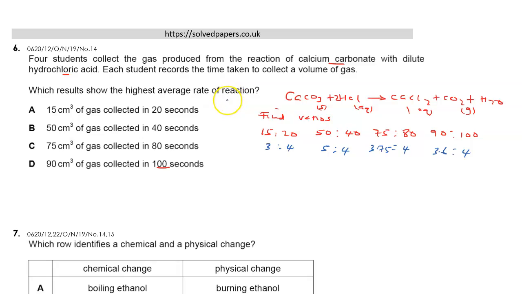Average rate of reaction gives you more volume of gas per given time, and you find that the smallest ratio for the time is 4 for all of them. So the one that is giving us the most is the 50 centimeters cubed in 40 seconds. That's why the answer here is B. Okay.